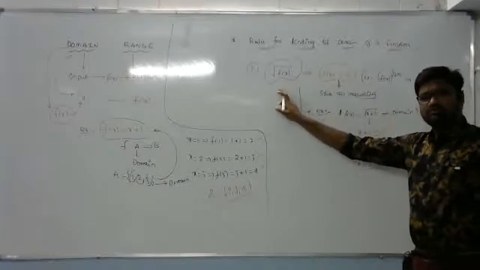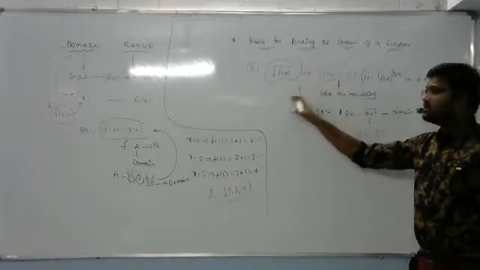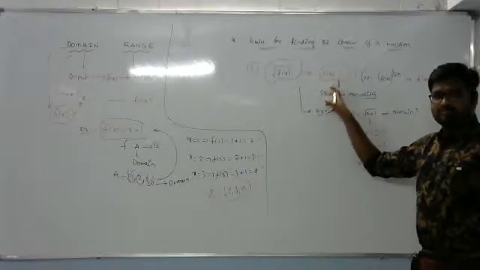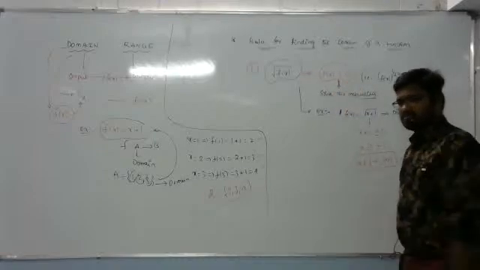So whenever you have a root of anything, or fourth root, sixth root, or any even root of anything, that expression must be non-negative. Non-negative means greater than or equal to 0. Clear? Please copy this one very quickly.